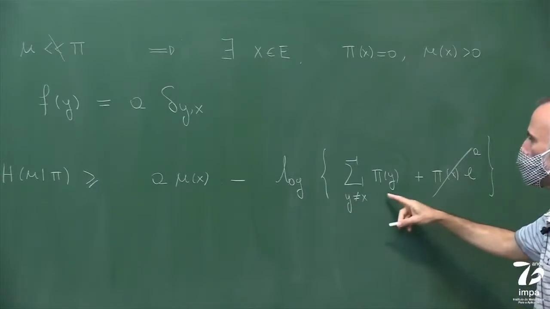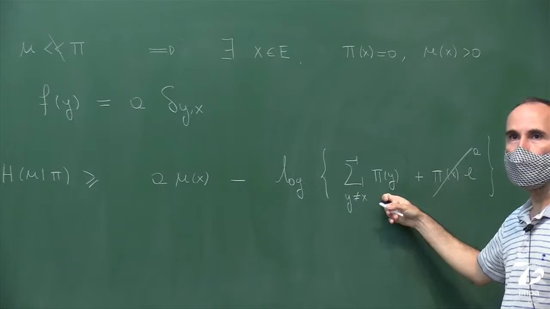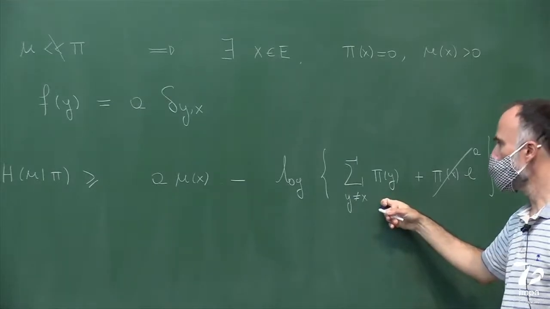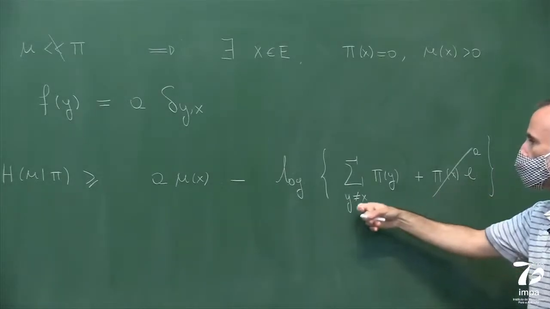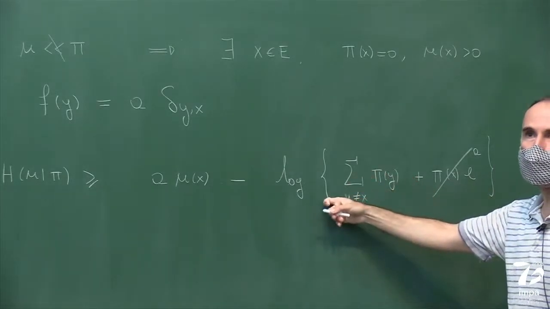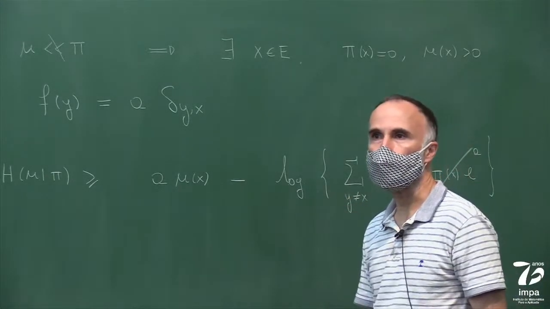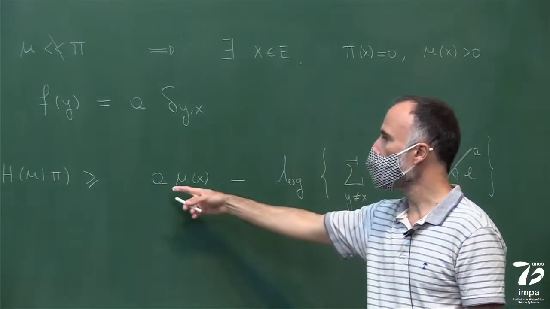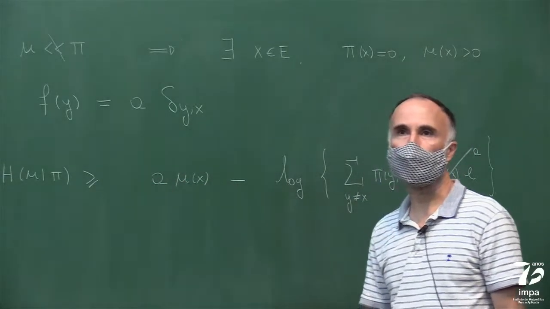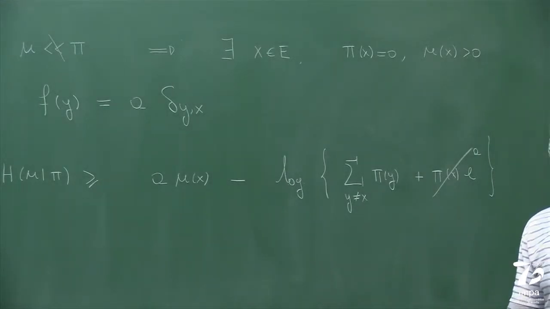So this is just the sum over all y of pi of y, but pi is a probability measure, and since pi of x is 0, this sum is 1. With the logarithm, it becomes 0, so this is actually equal to a mu x. Now, you send a to plus infinity to get that the relative entropy is plus infinity. Fine?